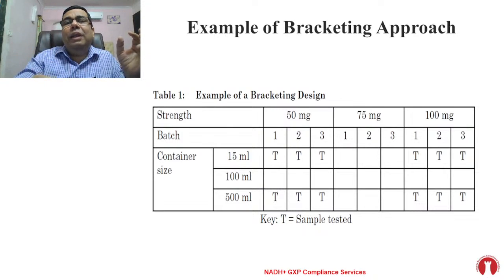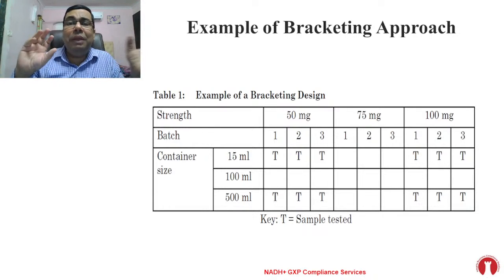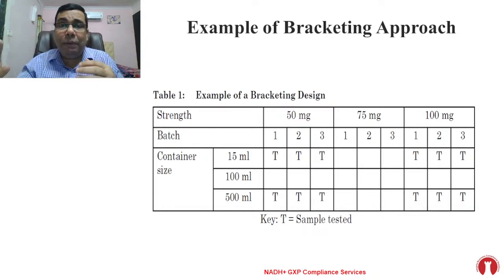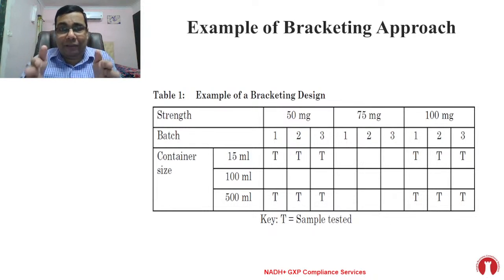So 50 and 100 milligram will represent the intermediate level. If 50 and 100 milligram comply with the requirements of the stability study, 75 will also follow the same, because it will represent the intermediate level. So that is the way. Intermediate level means intermediate strength or pack style.